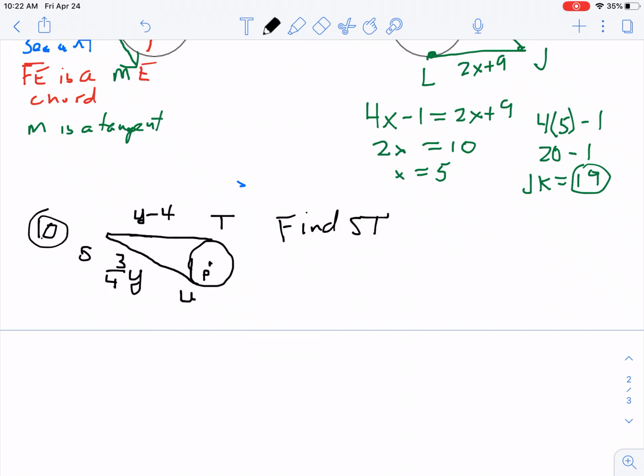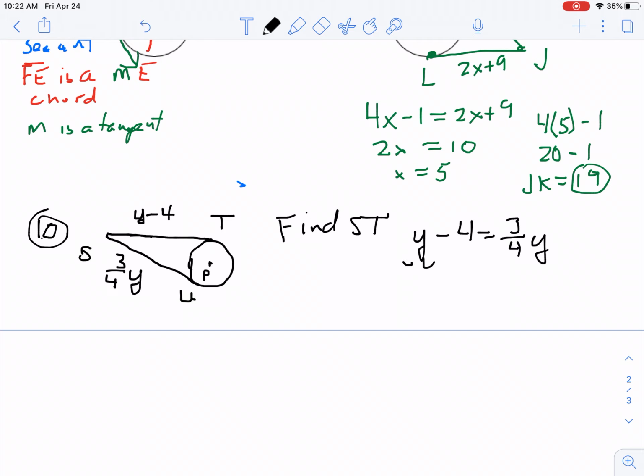So let's first of all use our formula that says that we can set those two equal to each other. So y minus 4 equals 3/4 y, because they're both tangents coming from the same point. So let's go ahead and bring the y's together. I'm going to subtract y from both sides.